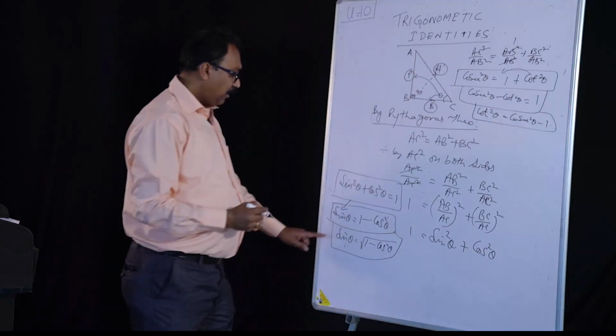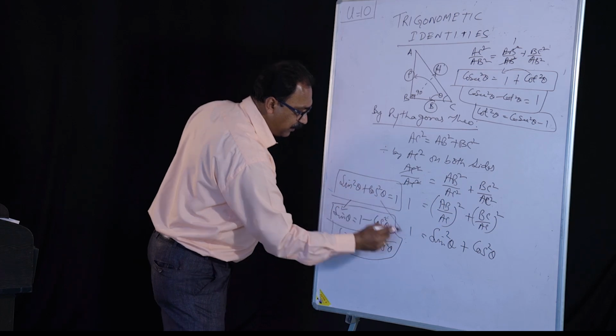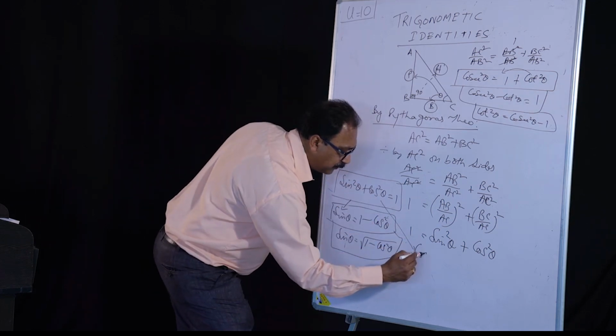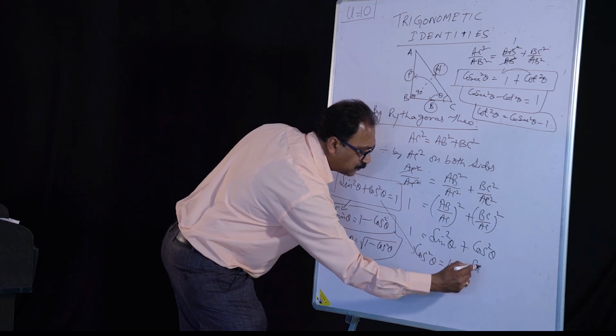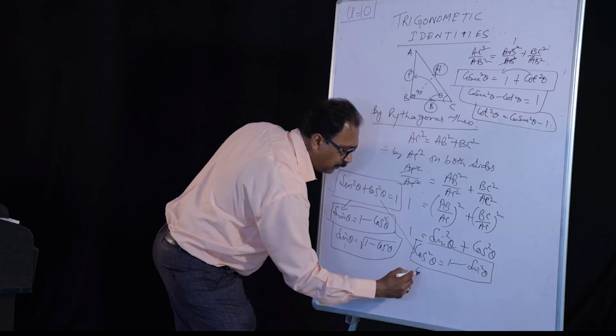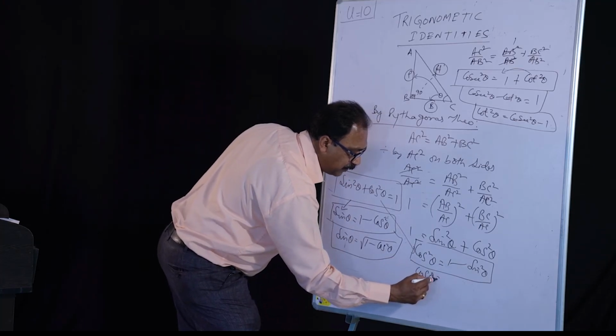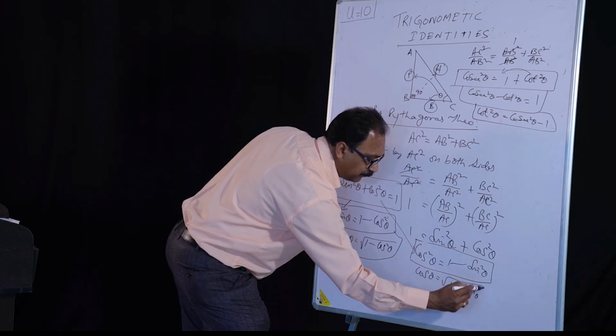Clear? Here also, if you want to find cos square theta only, it will be 1 minus sine square theta. This is a formula, and side by side if you want cos theta, it is root of 1 minus sine square theta.